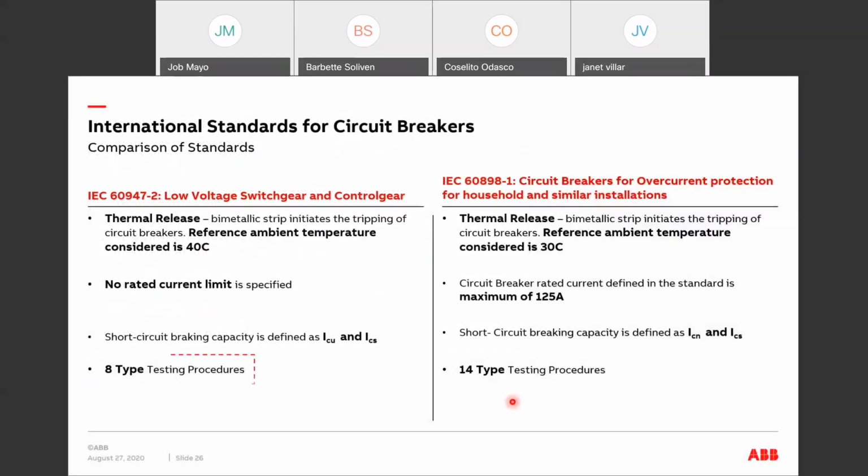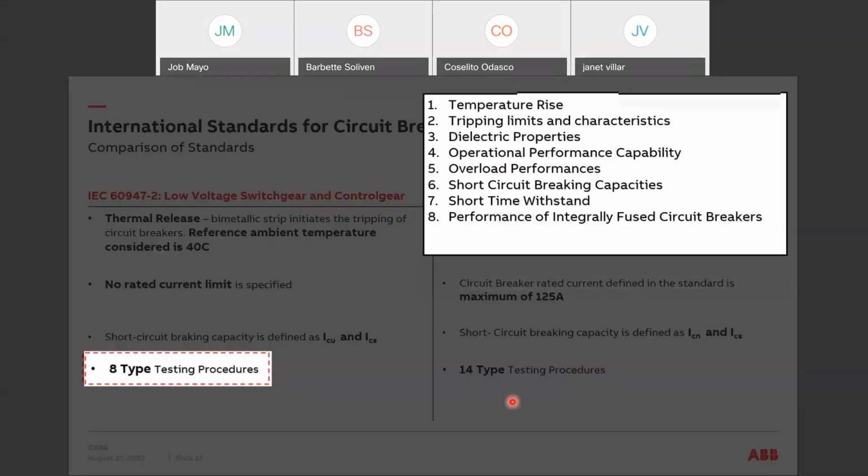For the 60947-2, it is tested in 8 type testing procedures as well. As mentioned: temperature rise, trip limits and characteristics, dielectric properties, overload performance, short circuit breaking capacities, and short circuit withstand, especially for air circuit breakers wherein there's a required time delay. So we need to also test the short time withstand.